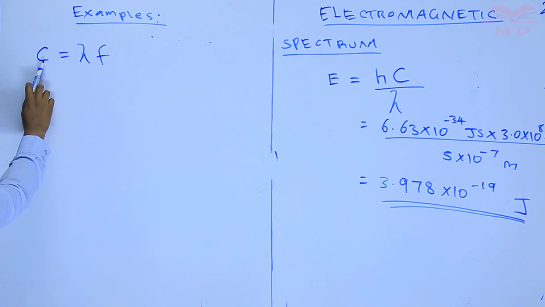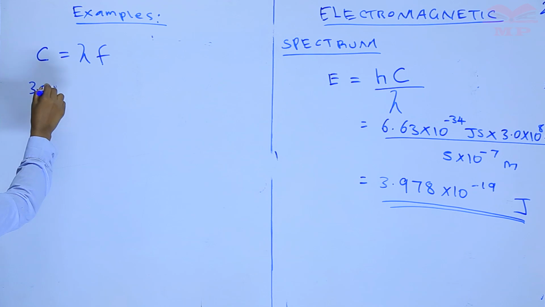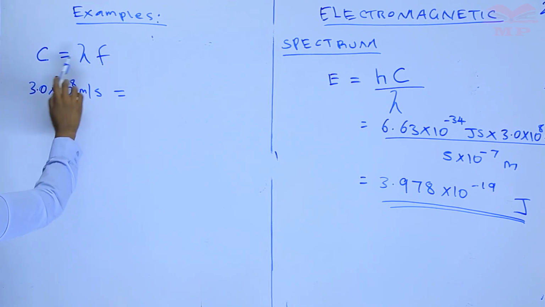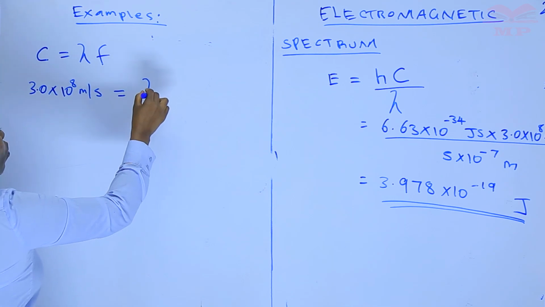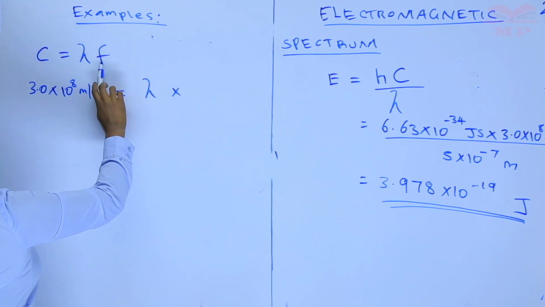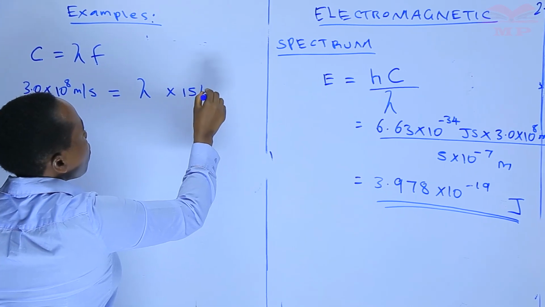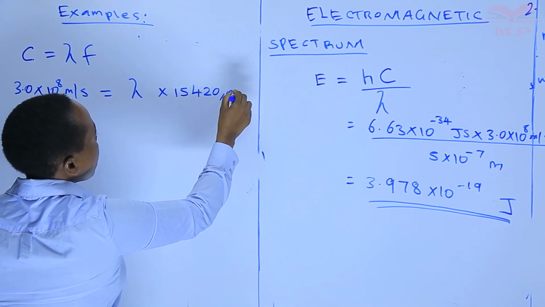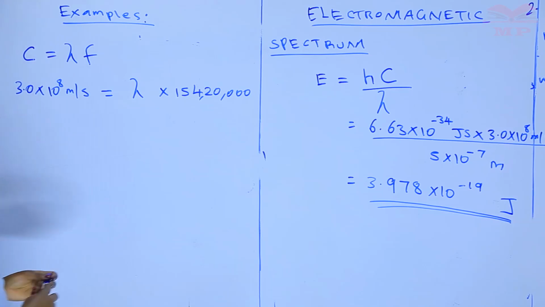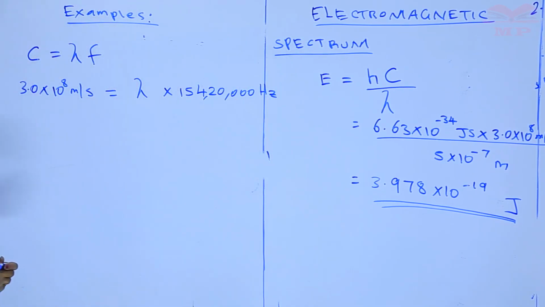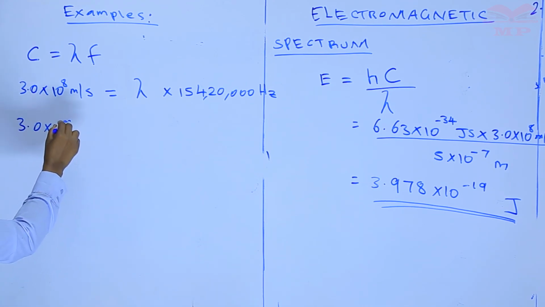So we have our c as 3.0 times 10 power 8 meters per second is equal to wavelength, which is in question, multiplied by the frequency, and the frequency is 15,420,000 hertz. So we want to get the value of lambda, which is the wavelength.